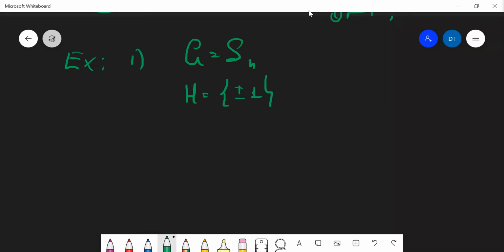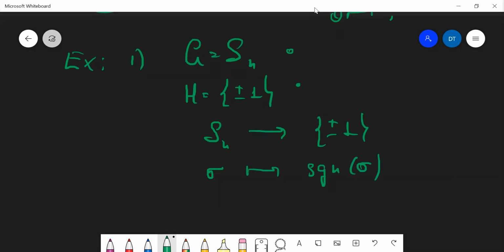For the first group, the operation is composition, and for the second group, the operation is just multiplication. Now we have a map from this set to this set, which is given by the sign. So if we take a permutation sigma, it goes to the sign of sigma.